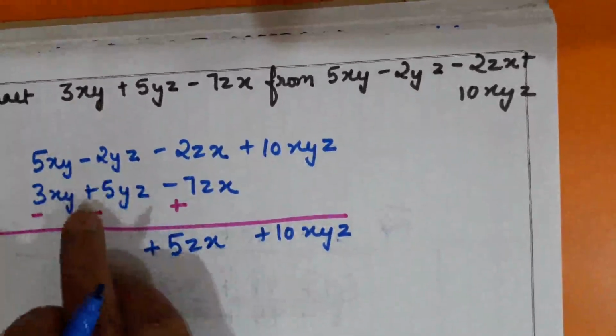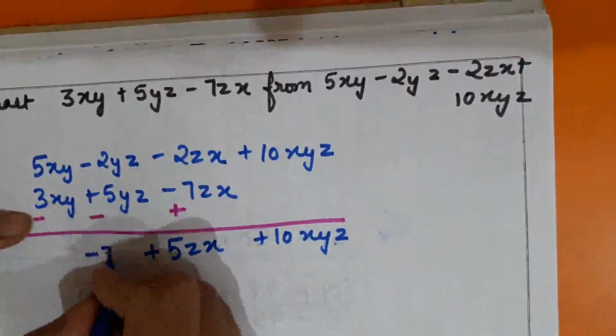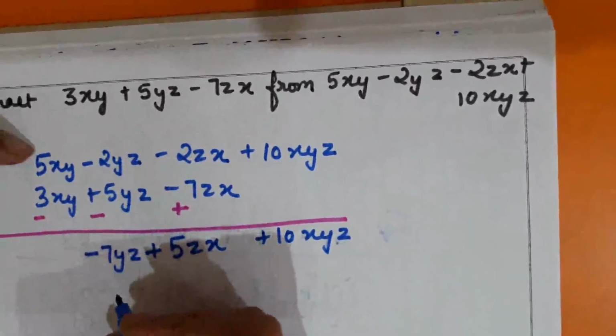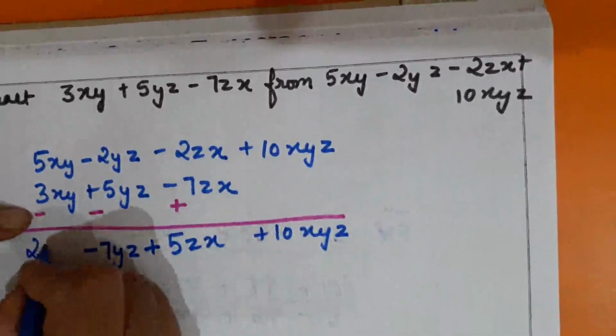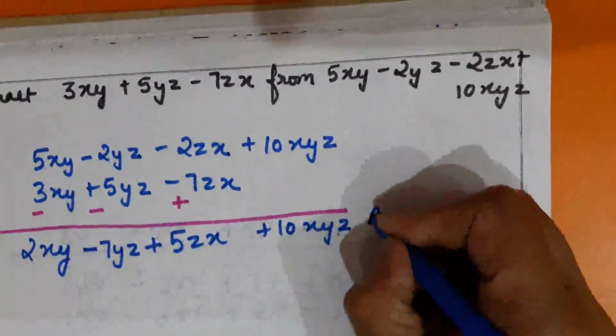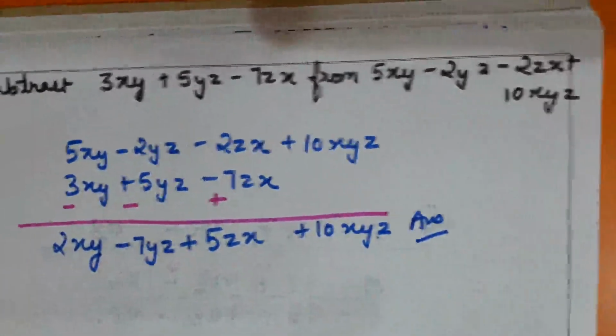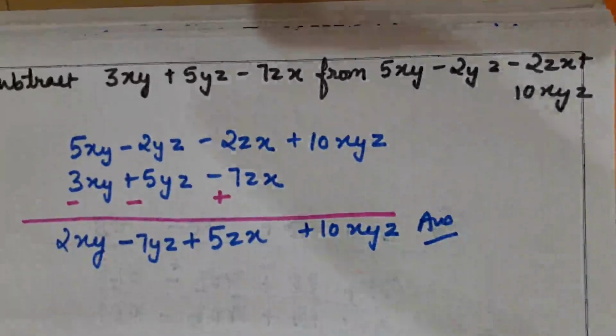Minus 2yz minus 5yz, minus minus plus, gives minus 7yz. Plus 5xy minus 3xy gives you 2xy with the positive sign. So this will be your answer. So this is the short method. Row method is the short method. You can use any method. Okay, let's move to the next part.